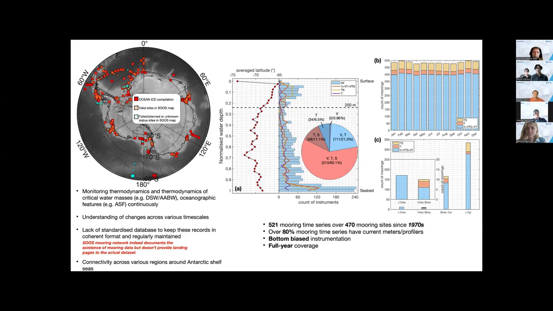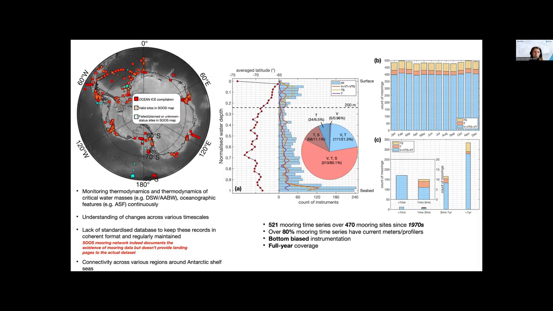On the right, I'm showing some basic stats of the moorings that we collected. Overall, we have collected over 500 mooring time series from nearly 500 mooring sites since the 1970s. As you can see in the pie chart in the middle, over 80% of these time series are equipped with current meters or current profilers, which give us an idea of how the current is changing over time.